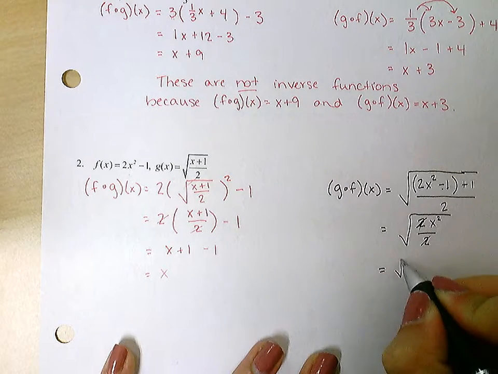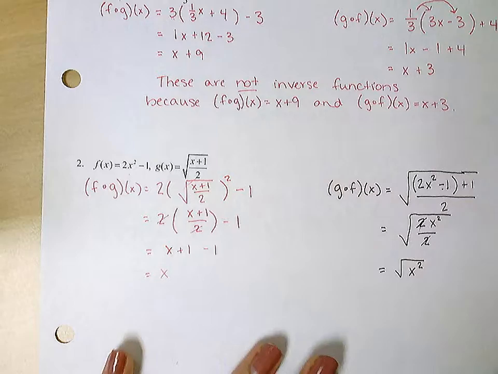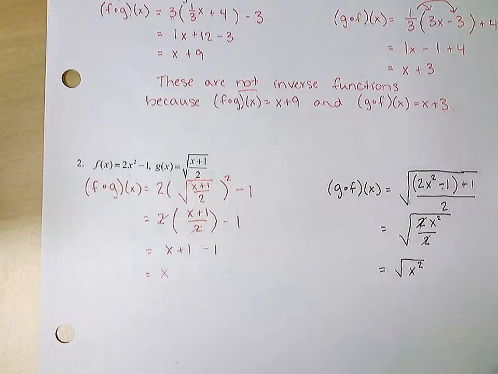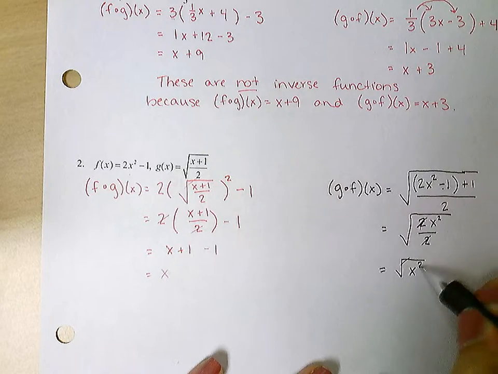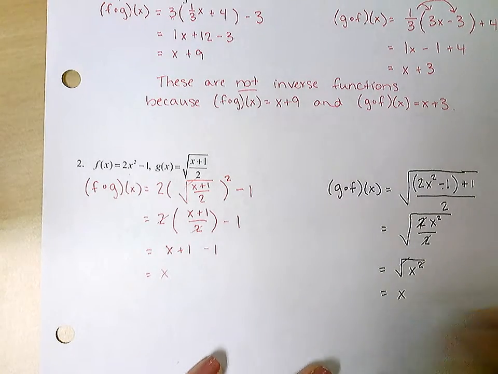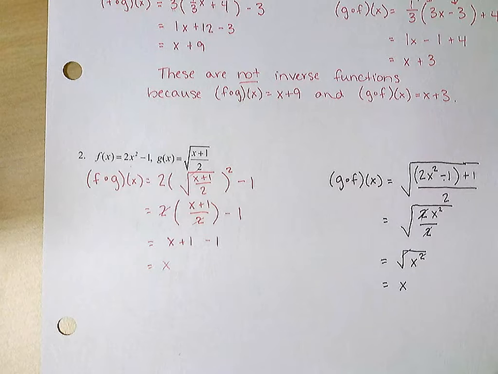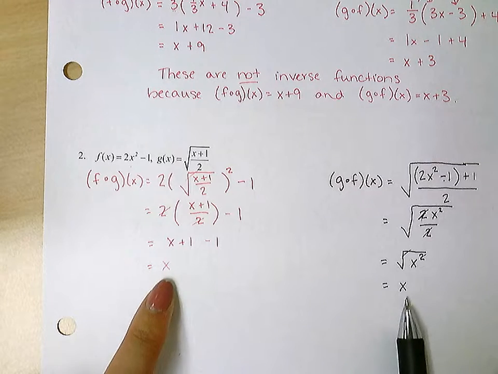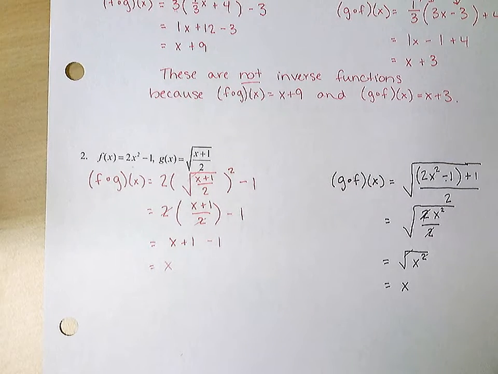And I'm left with the square root of x squared. Now I have a square root and a square. Again, we're canceling. And I do just end up with it equaling x. So since both of my composition of functions end up being equal to x, these are inverses of each other.